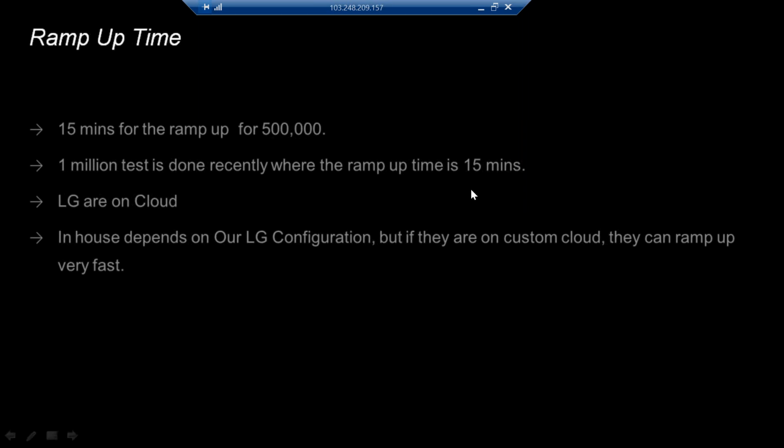For cloud LGs, it will be similar to whatever we do on normal Performance Center. There also we keep an eye on CPU and memory. If you are loading 500 to 1000 users on a single load generator, your normal load generator also might crash. So I don't see any difference between a cloud load generator and an on-premise load generator here.